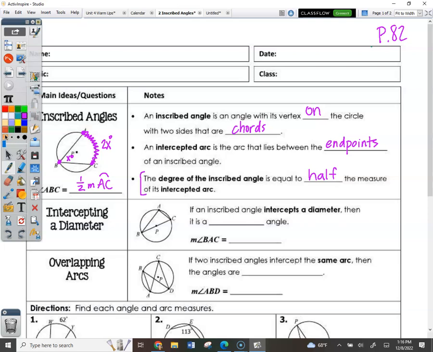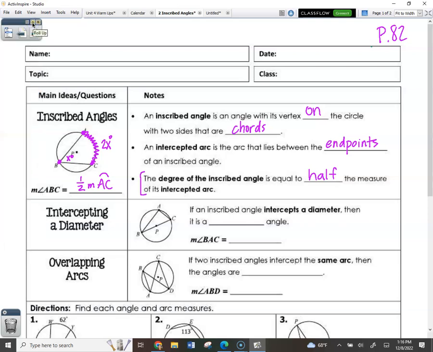We've got 2 things left to discuss before we take off with the practice problems. Look at the next box. This says, what if you have a problem where there is a diameter? Notice the diameter drawn is the endpoints of angle CAB.